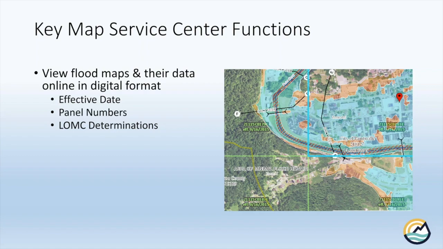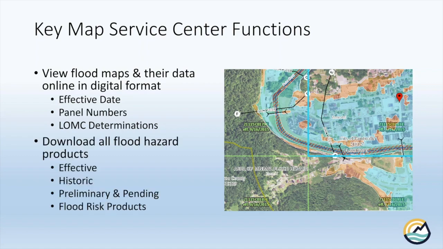So you can go online and actually see the effective date of panels side by side, panel numbers, where letter of map change determinations are located, things like that. You can also go and download all this information. So remember, this is FEMA's online digital repository. So this is how they store and provide that information to people.